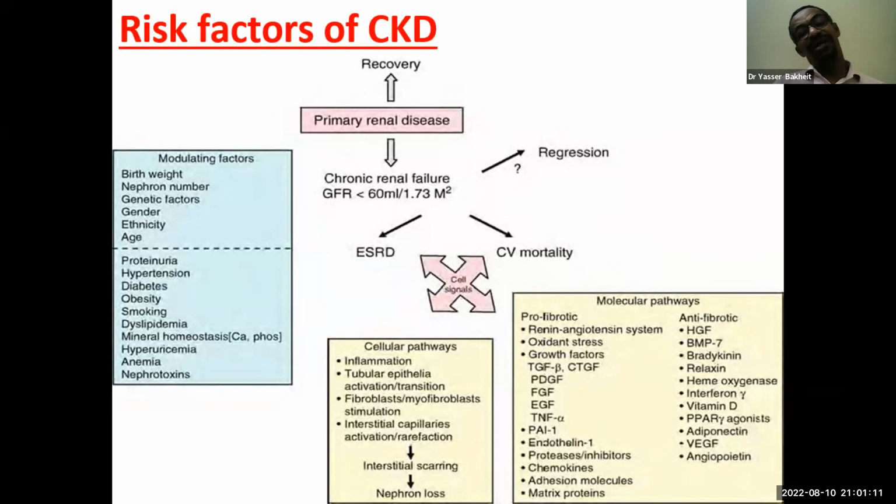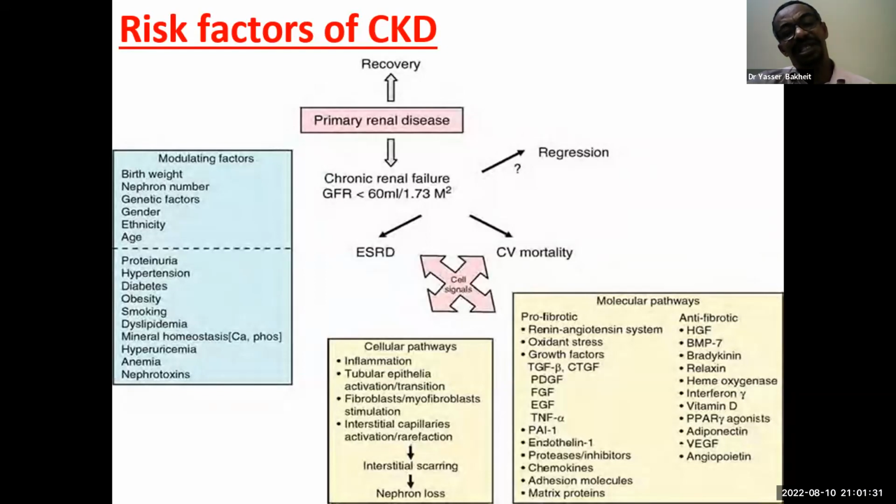So when we see a patient with these factors, they can develop chronic kidney failure, with GFR becoming less than 60. The primary disease, if managed well, can recover or can develop into chronic kidney disease.